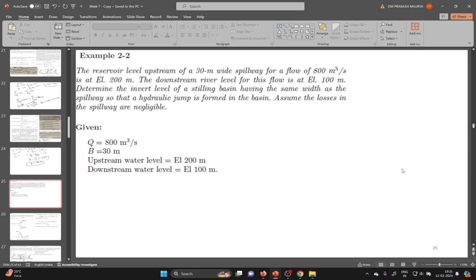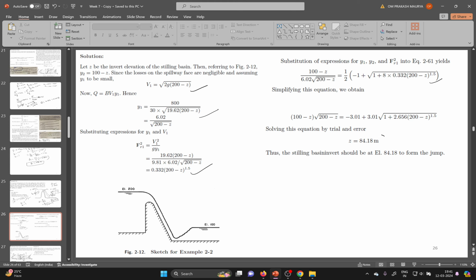If you draw the figure, at the reservoir you will get Z equal to 84.18 meter. So the stilling basin invert should be 84.18 from the jump. So this is the whole answer of this problem. This is a very important problem.